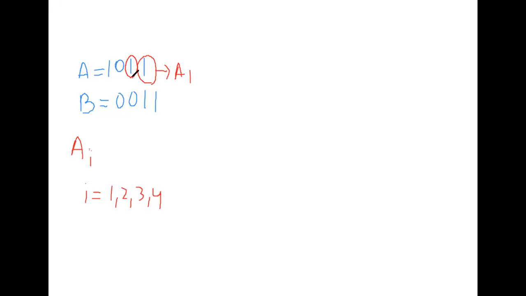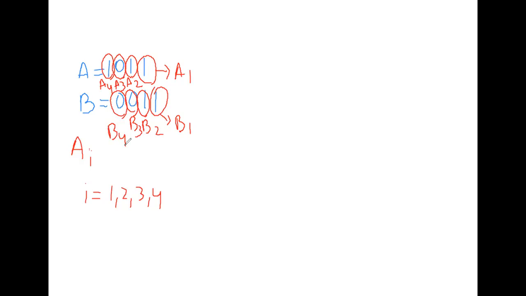This one represents A2, this next bit represents A3, next bit represents A4. Then this first bit represents B1, this one is B2, this one is B3, next this one is B4. Like this, I'll represent, right?